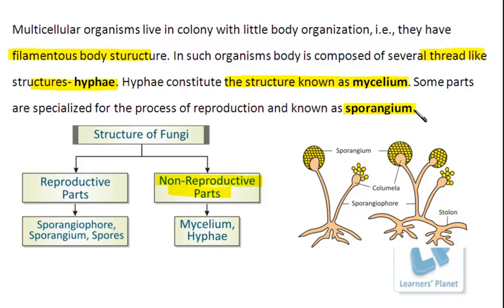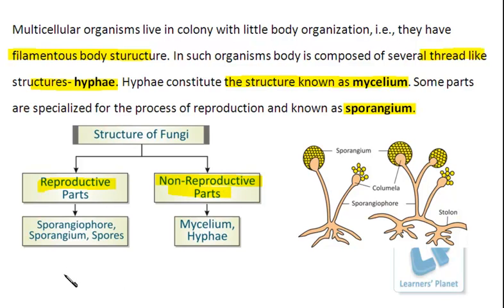So such hyphae which are bearing these sporangia are the reproductive parts. So in short, I must say that the multicellular fungi or the macroscopic fungus shows some differentiation in its body organization, where the body has reproductive parts and non-reproductive parts.